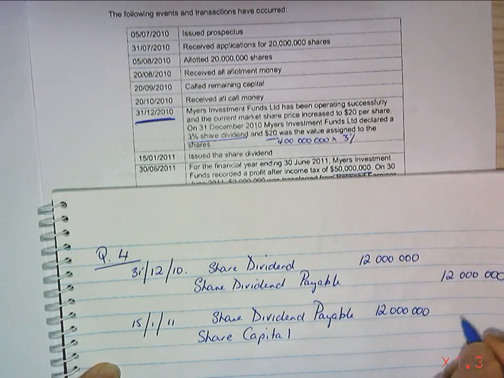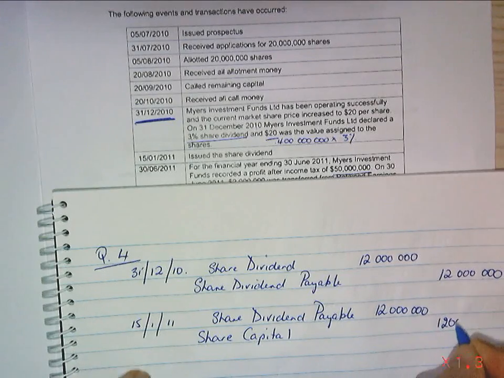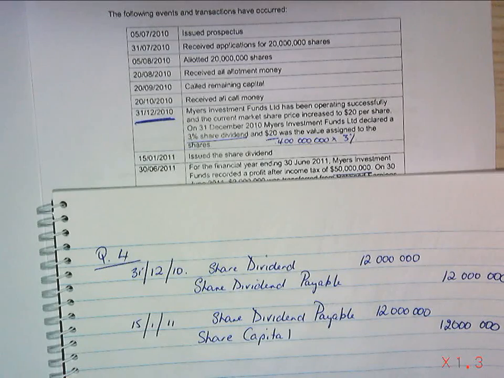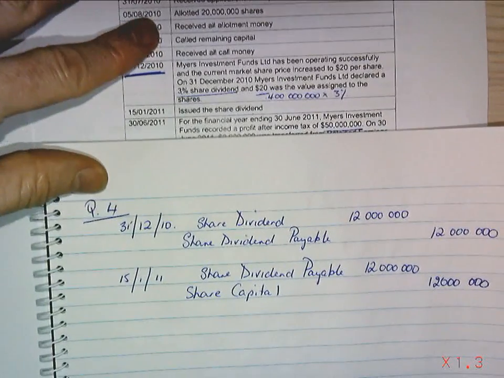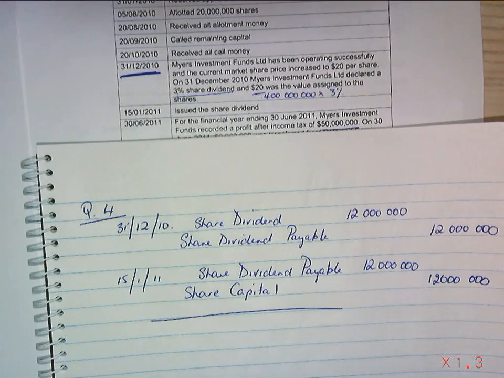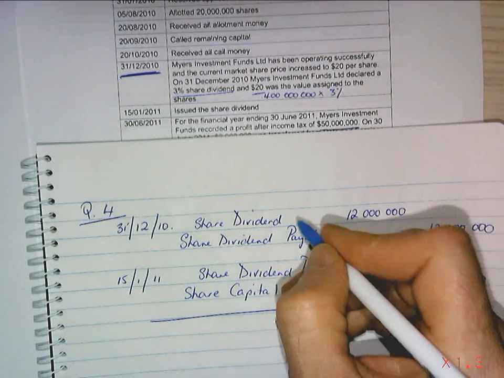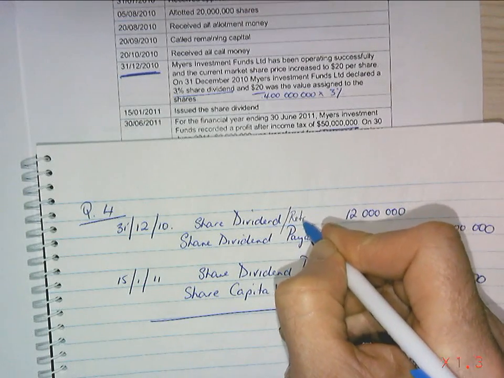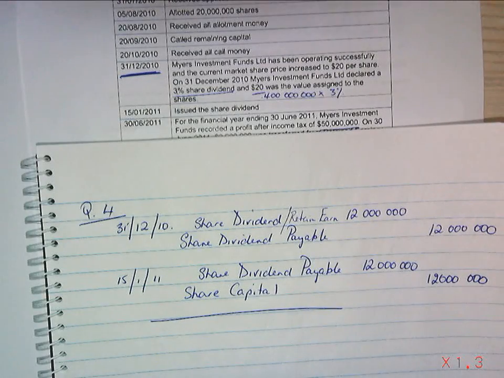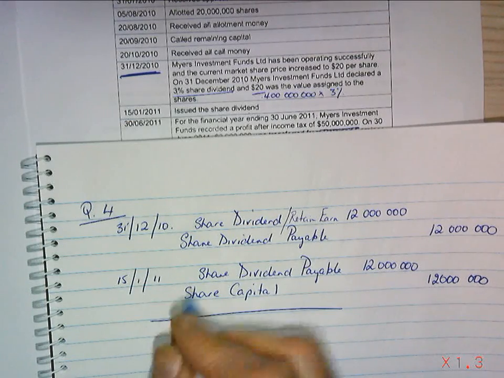My share capital is a credit balance, so I have 12 million there. Now that's my declaration of a share dividend plus my payment of my share dividend. You could have put retained earnings here. That would have been okay, share dividend or retained earnings, that's no worries.